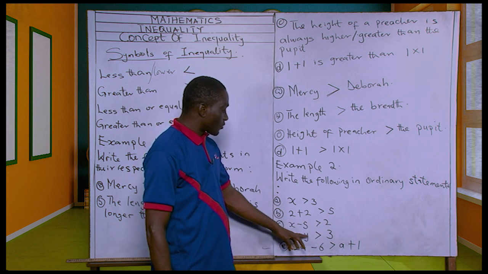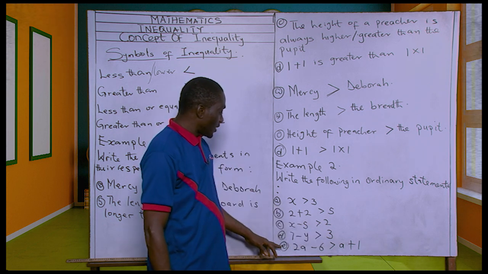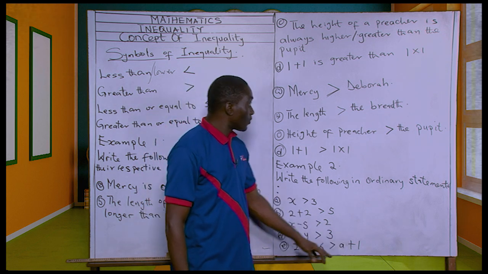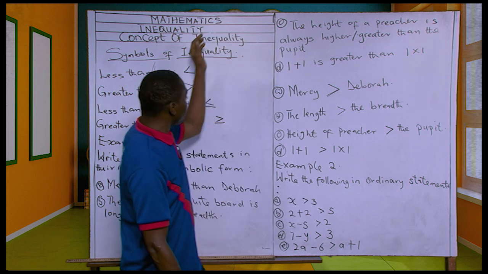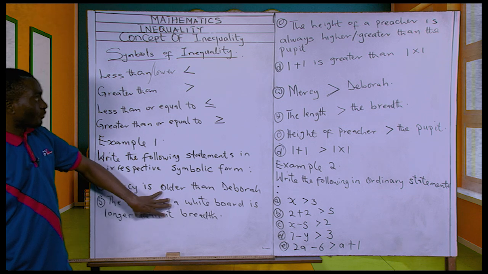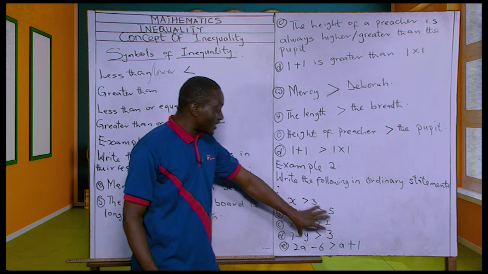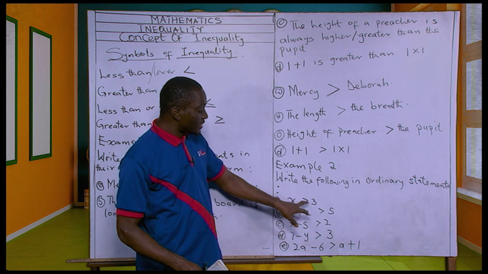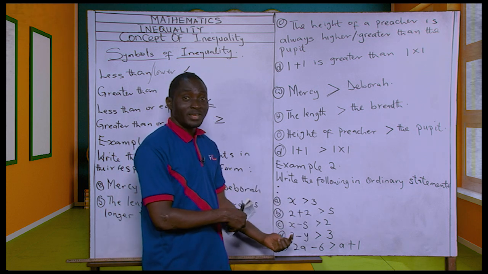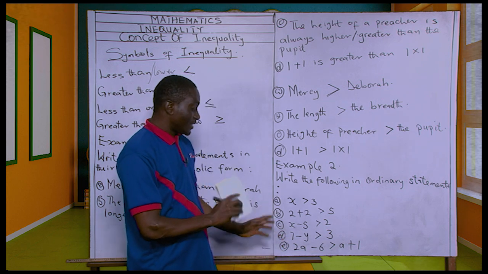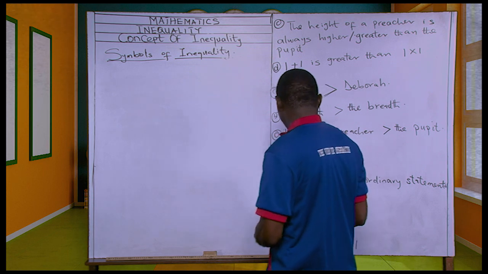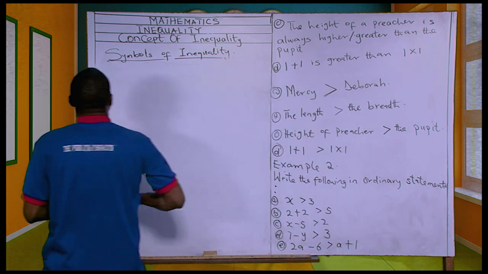D, 7 minus y is greater than 3. E, 2a minus 6 is greater than a plus 1. We want to rewrite them in ordinary statement form, that is, in a form where these symbols of inequalities will not be involved. So let's go on with the solution to this.